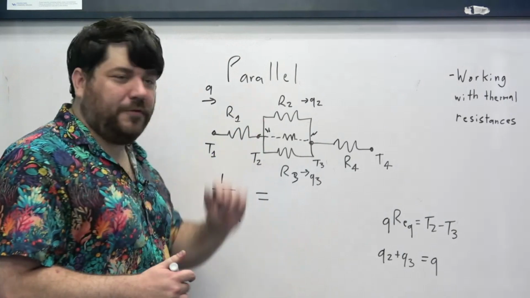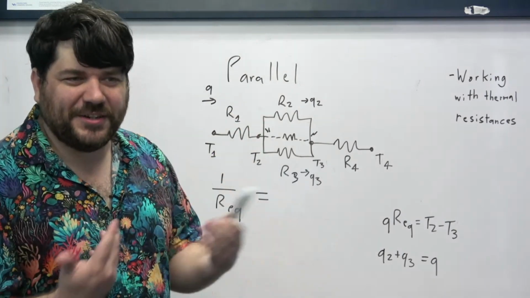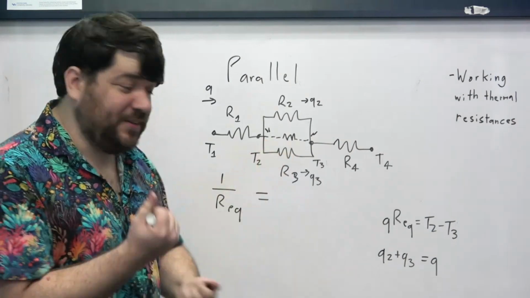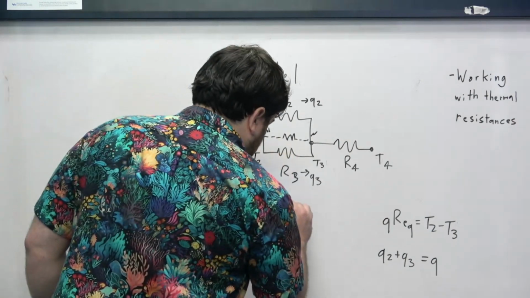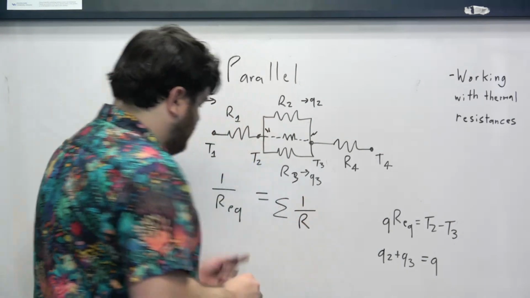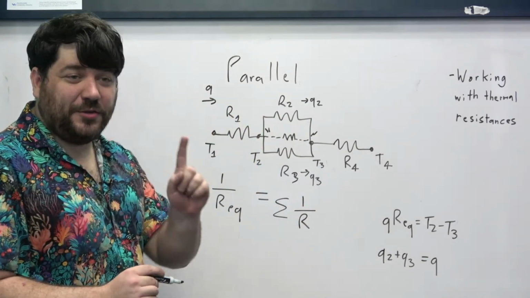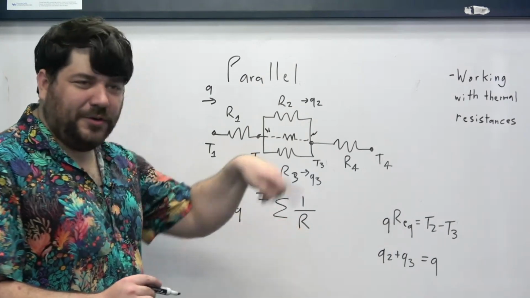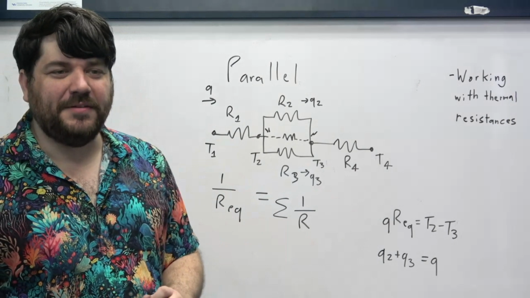And so in general, for parallel thermal circuits, if we want to create this equivalent thermal network or this equivalent thermal resistance, we have to state that the inverse of the equivalent thermal resistance is the sum of the inverse of all of the individual resistances.